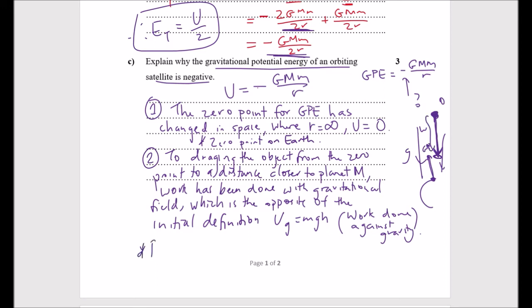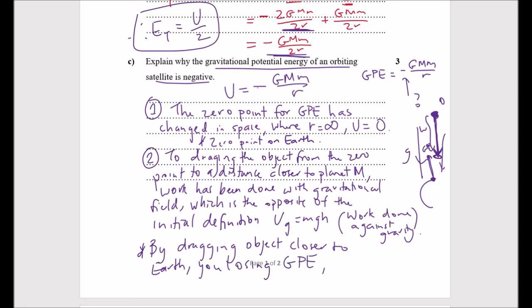So an additional point: by dragging the object closer to Earth, you are losing gravitational potential, hence a negative value.